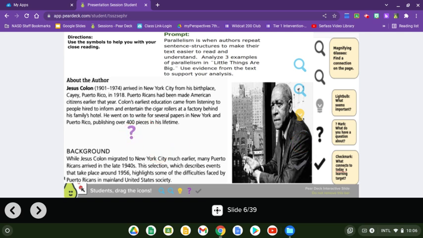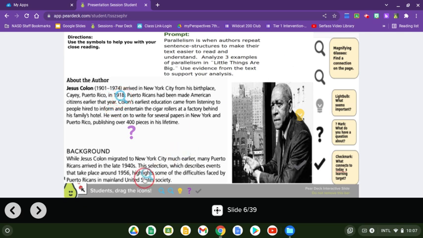So while Jesus Colon migrated to New York City much earlier, many Puerto Ricans arrived in the late 1940s. This selection, which describes events that take place around 1956, highlights some of the difficulties faced by Puerto Ricans in mainland United States society. First, they weren't accepted as Americans until around, where was that? Earlier that year, so around 1918, right?